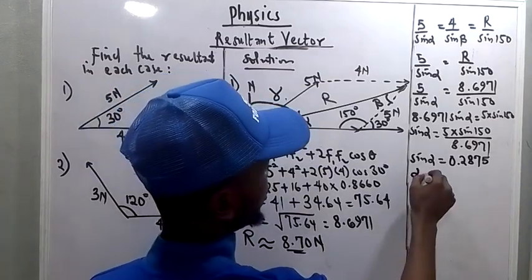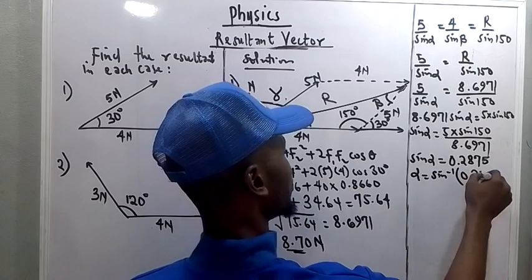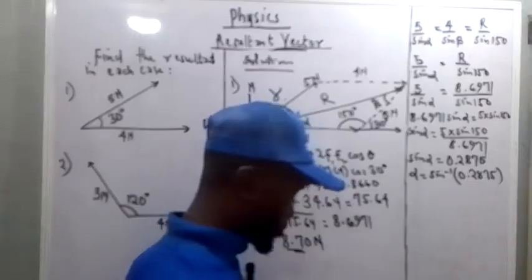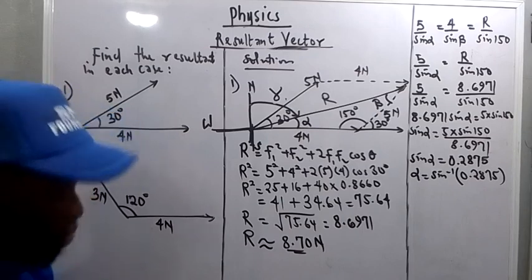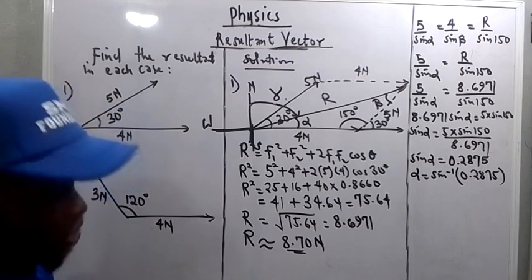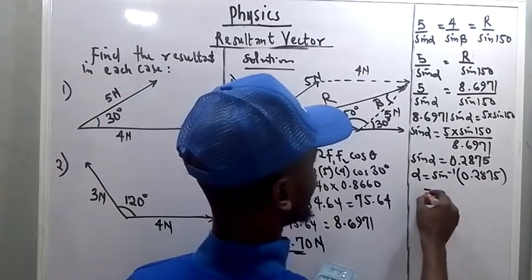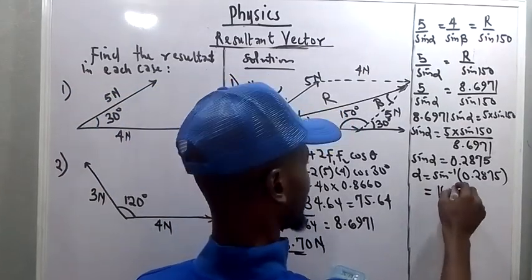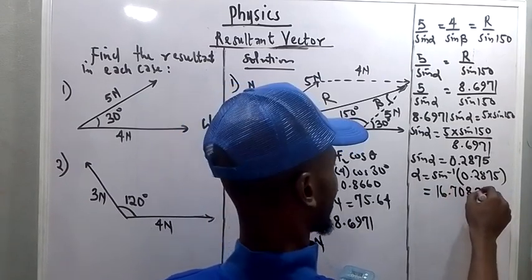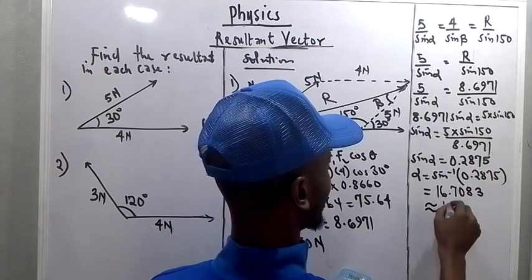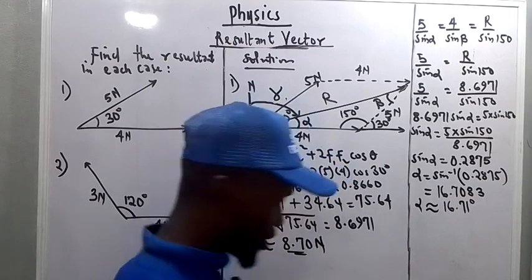That means alpha will be equal to arc sine of 0.2875. Let's press our calculator for that. Arc sine of 0.2875 gives me 16.7083. Now approximately to 2 decimal places we have 16.71 degrees. That's my alpha.